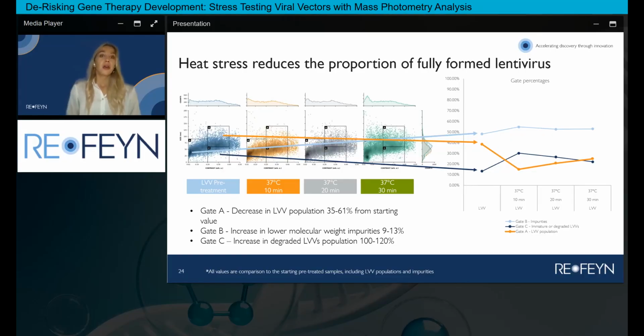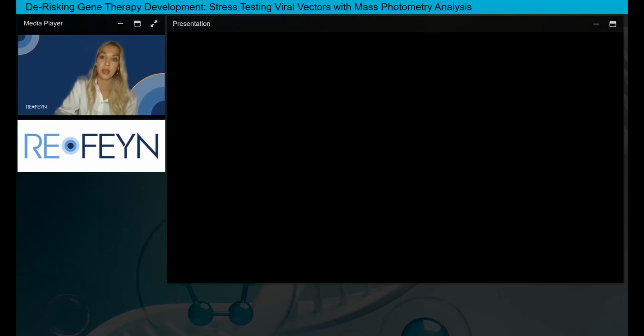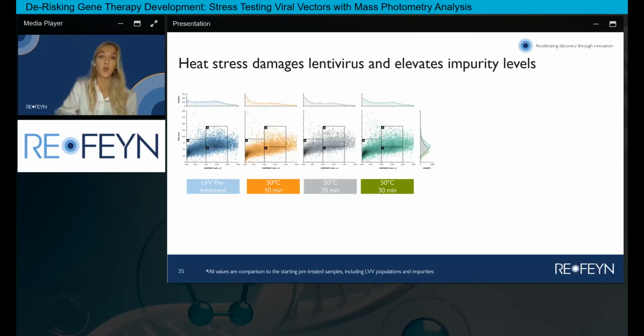So prolonged incubation at this temperature would potentially even further damage lentiviral vectors that are very sensitive to, as we know, temperature and shear and a lot of other environmental conditions. But what happens when we expose those viral vectors to an even higher temperature of 50 degrees?